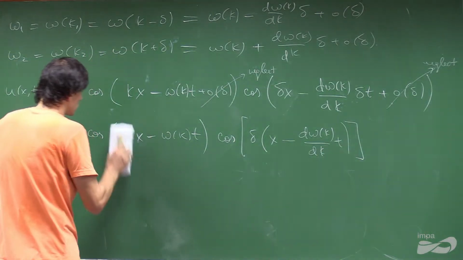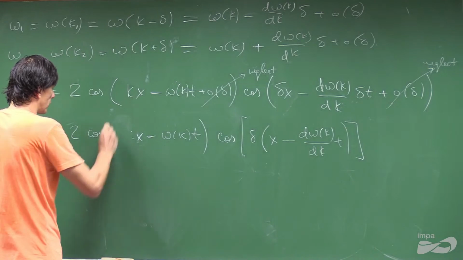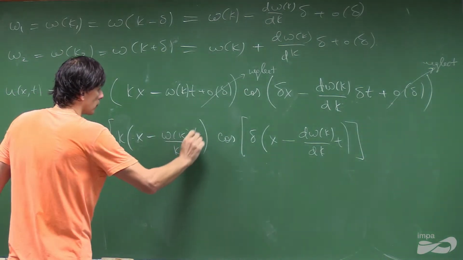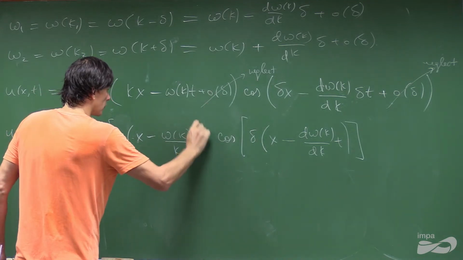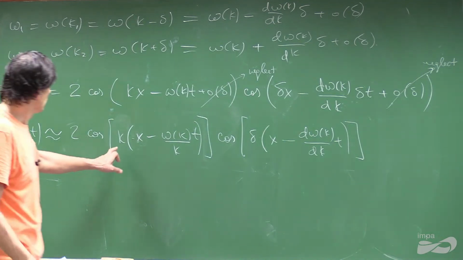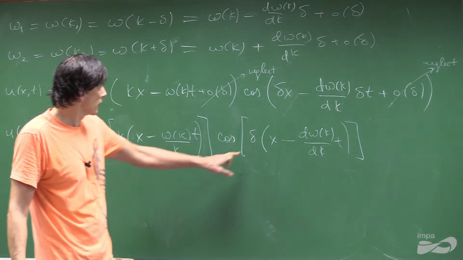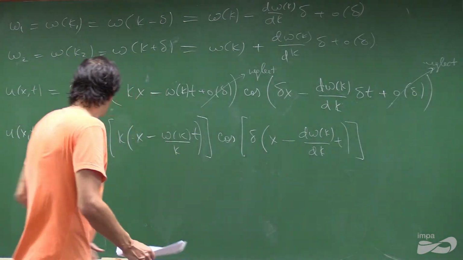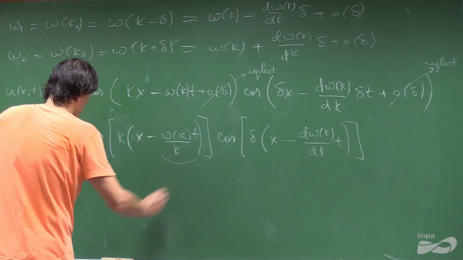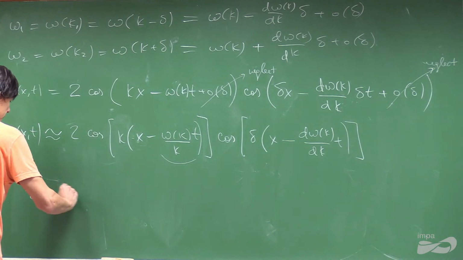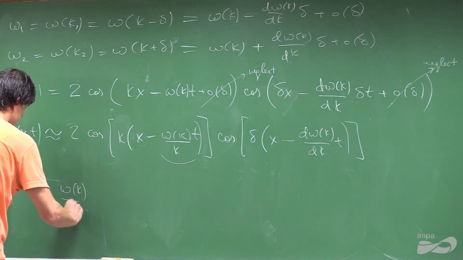So essentially we can take k out of the parentheses. So you see that the two cosines are similar. One is multiplied by k, another by delta, and then x minus something t, x minus something t. So now this value we already know. So this is the phase speed.